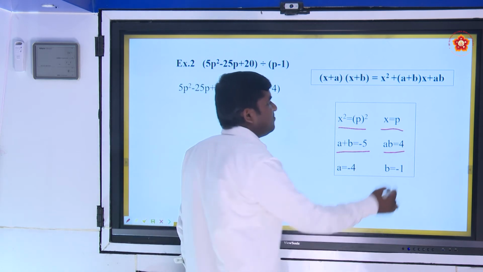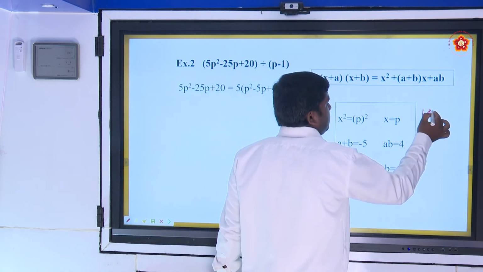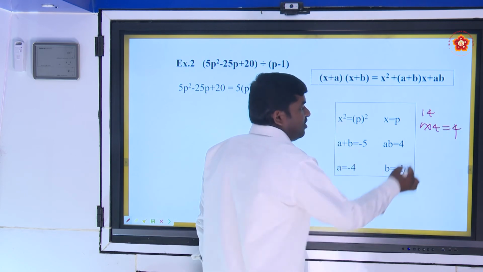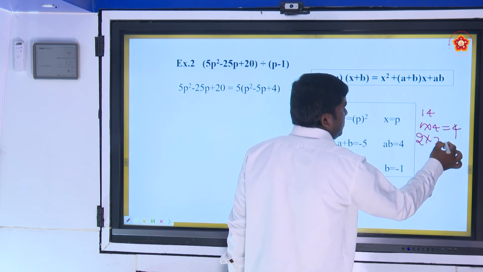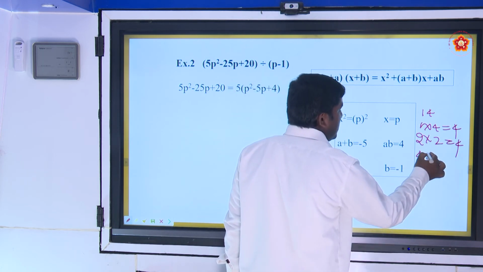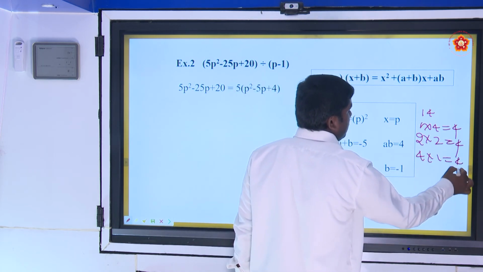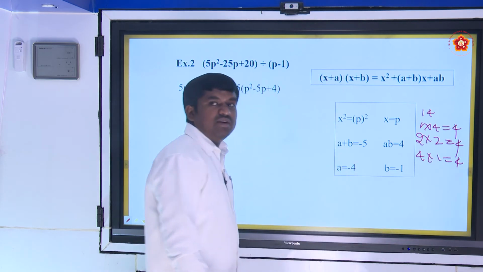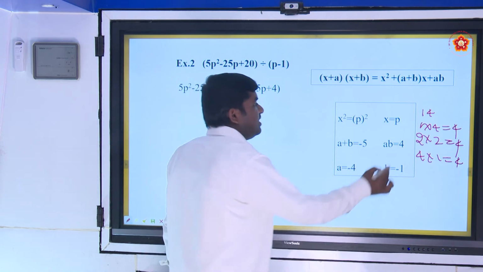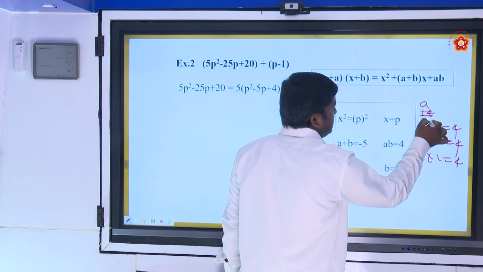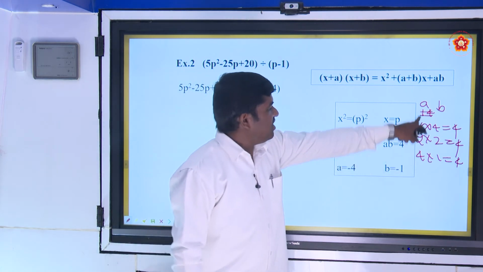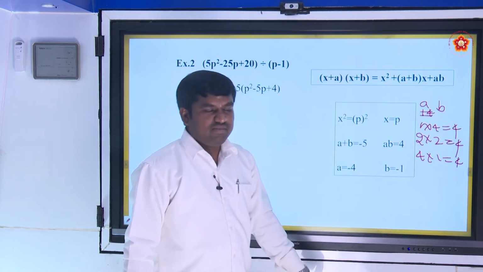Factors of 4 are 1 into 4, 1 into 4 is equal to 4, 2 into 2 is equal to 4, next 4 into 1 is equal to 4. These are the factors; these are the values of a, these are the values of b.